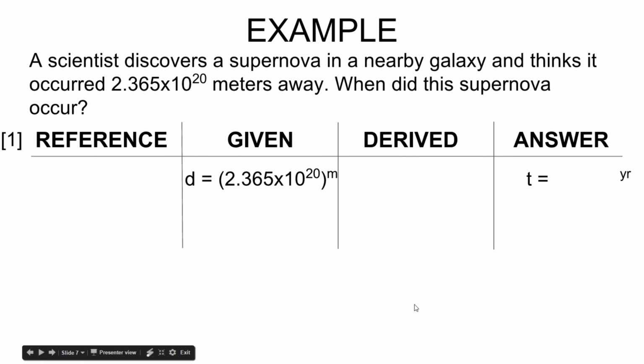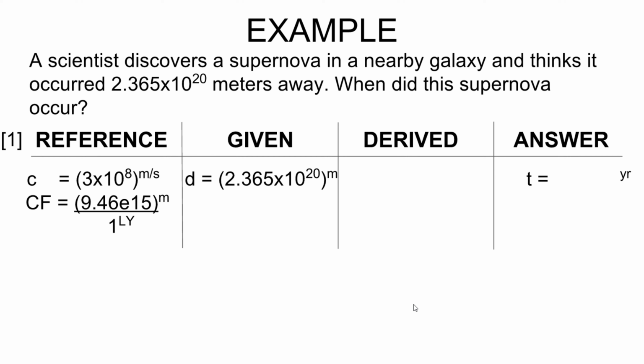I think perhaps the speed of light might come in handy, or a conversion factor that relates meters with light years. So this conversion factor uses the fact that 9.46 times 10 to the 15 meters is the same as 1 light year.